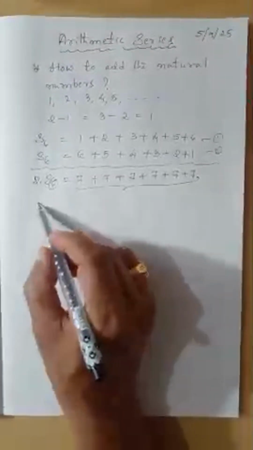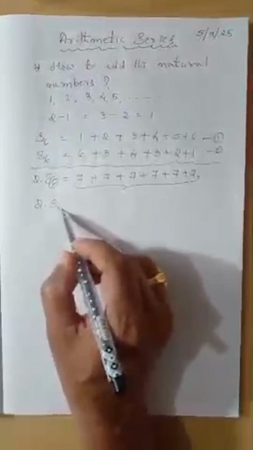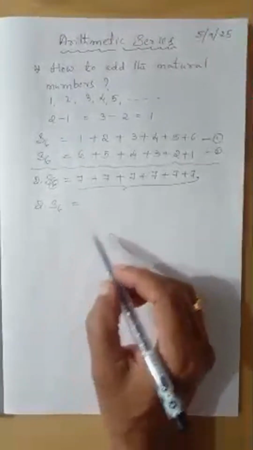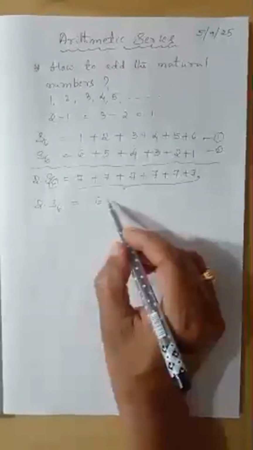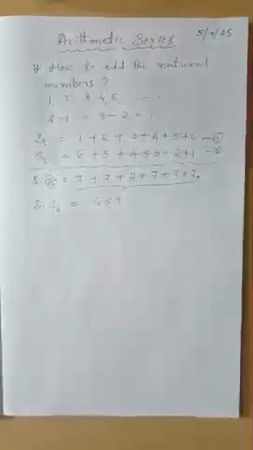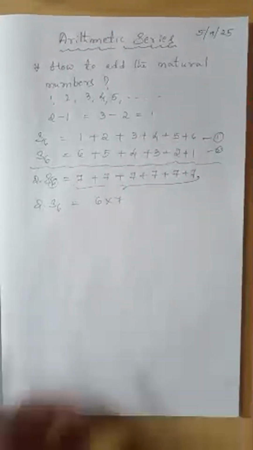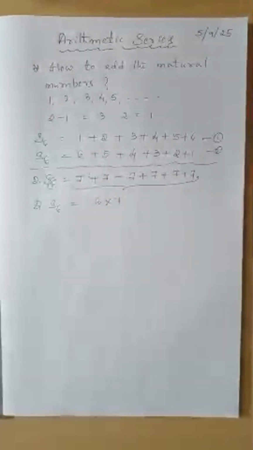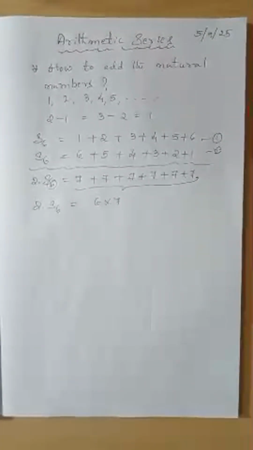Here 2 times S6 is equal to 6 times 7. You may reduce the 2 and the 6: 3 sevens, 21. That's okay, but that's not the case here.